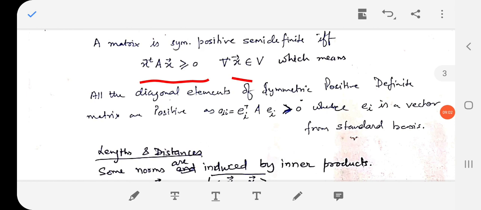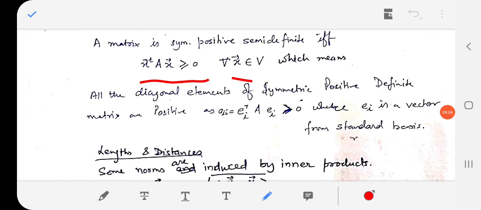And definitely, if you are talking about a symmetric positive definite matrix, x transpose Ax is positive for all non-zero vectors, and all the standard basis vectors are non-zero vectors.